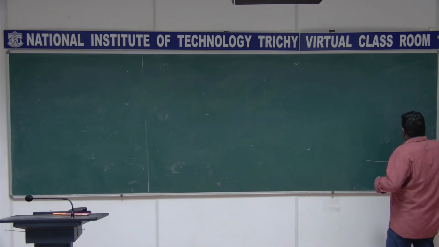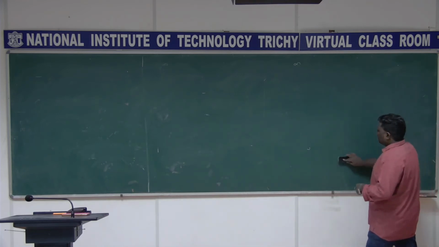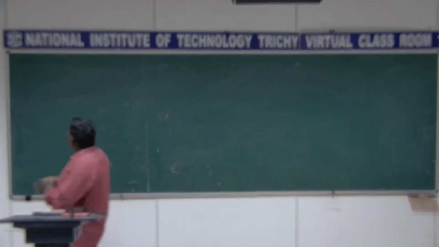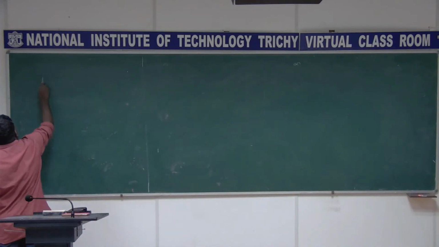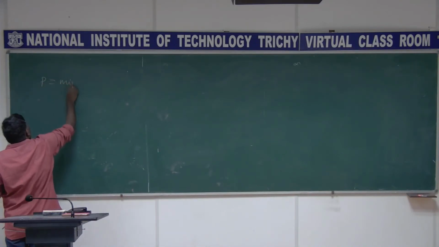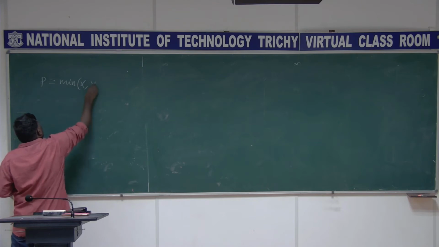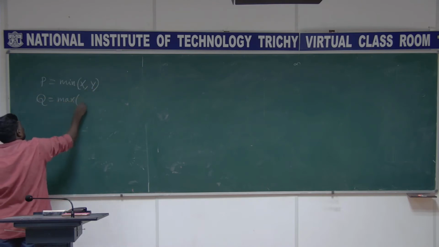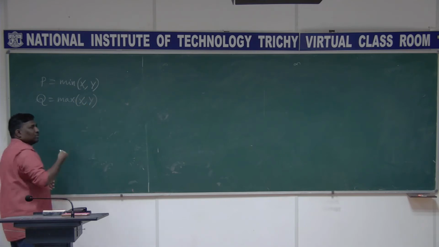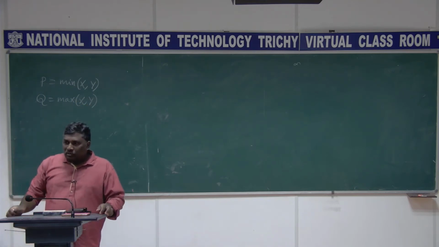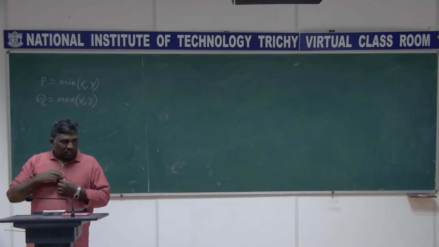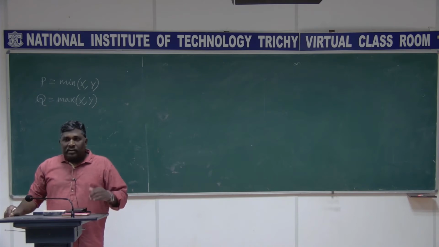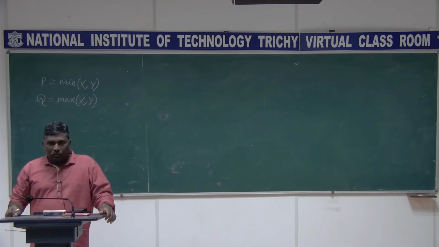Like the following: take p equal to min of x comma y, and q equal to max of x comma y. This is the example. We can't really differentiate. You have random variables x and y, but we need the density function for p and q.